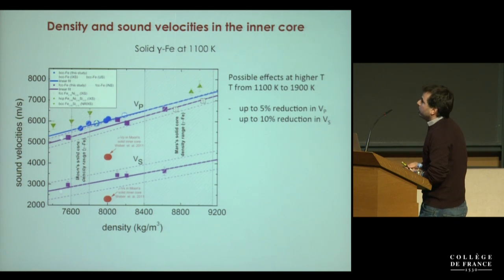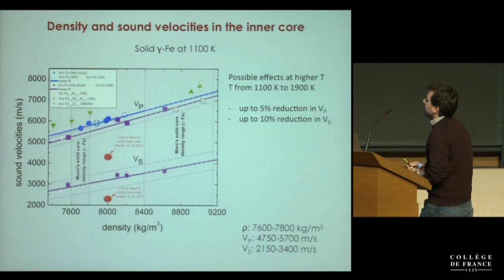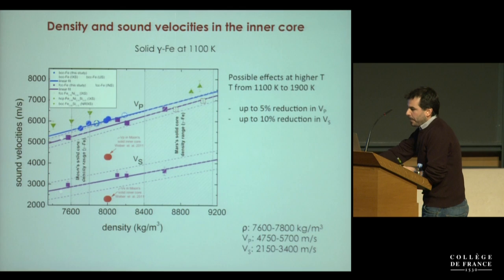And if I correct accordingly this result, the best estimate we get for the inner core is a density between 7,600 and 3,800 kilograms per cubic meter, a VP between 4,700 to 5,700 meters per second, and VS between 2,100 and 2,400 meters per second.